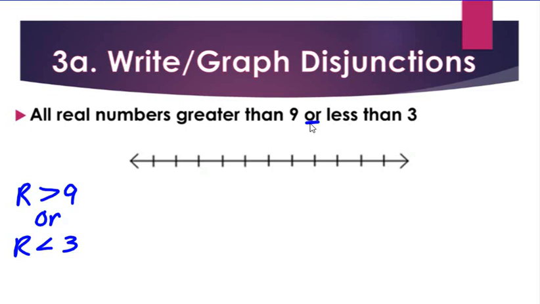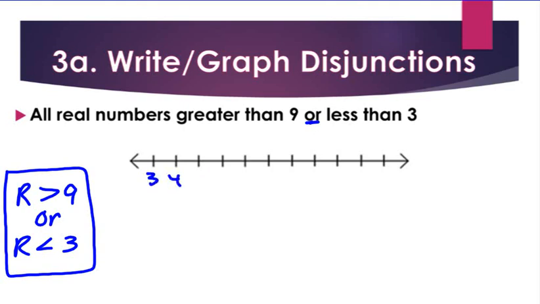It has to be with the keyword or. So now if I put these down, I'll have 3, 4, 5, 6, 7, 8, 9. So it can be greater than 9, open circle on 3, or less than 3. So they go in opposite directions. There's a gap. They separate.